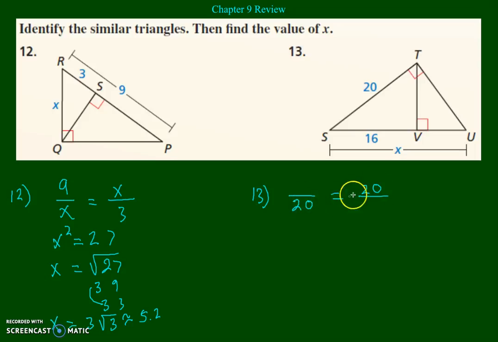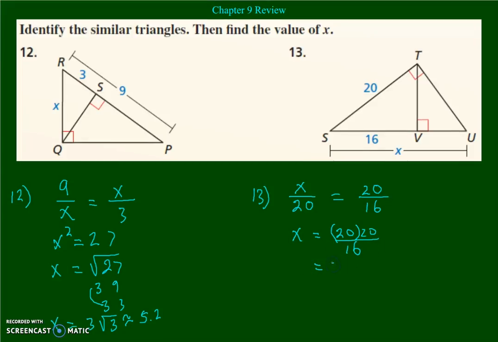Geometric mean always goes in the second, third proportional positions, and that is to the entire hypotenuse and the segment closest to the leg, 16. So now all we have to do is multiply both sides by 20, and x equals 20 times 20 over 16, which is 25.